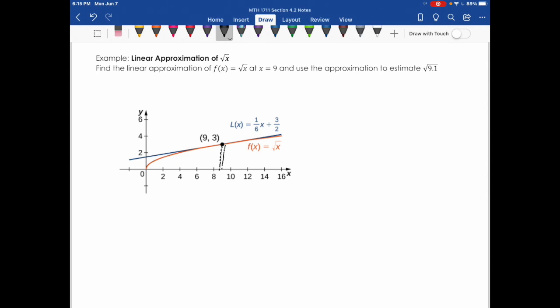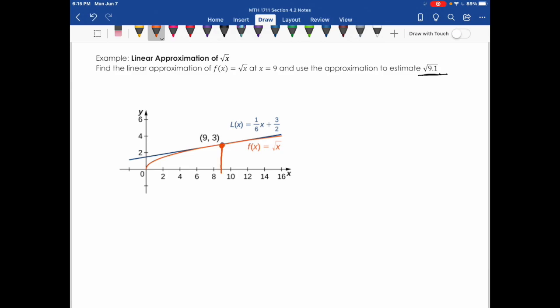So that means we're going to find the equation of the tangent line at x equals 9 on the square root of x, so that any value of x that is really close to 9 can be approximated with our tangent line. And then once we find that linear approximation, which is our tangent line at x equals 9, we're going to use it to approximate the value of the square root of 9.1. Now you can see here, I'm going to try to highlight it.